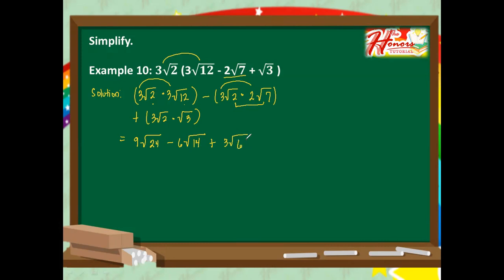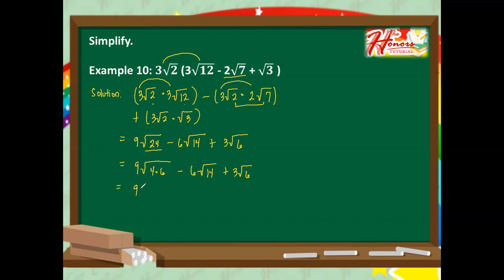We are not yet done with this example. We have to simplify square root of 24 because there's still a factor of 24 that is a perfect square and the other one is not. So we have here 9 square root of 4 times 6 minus 6 square root of 14 plus 3 square root of 6.